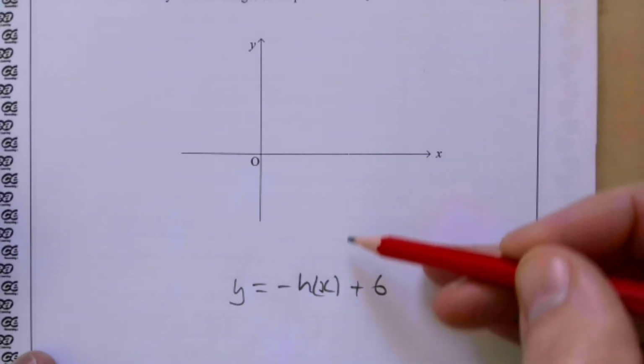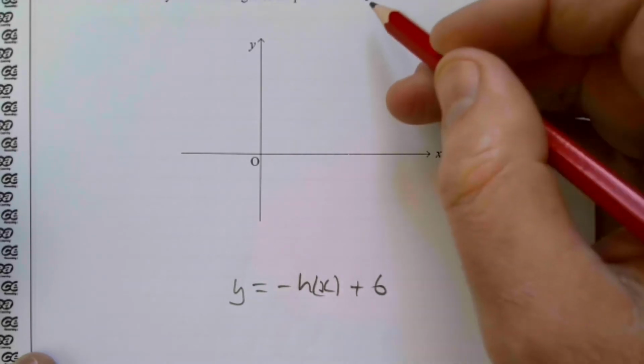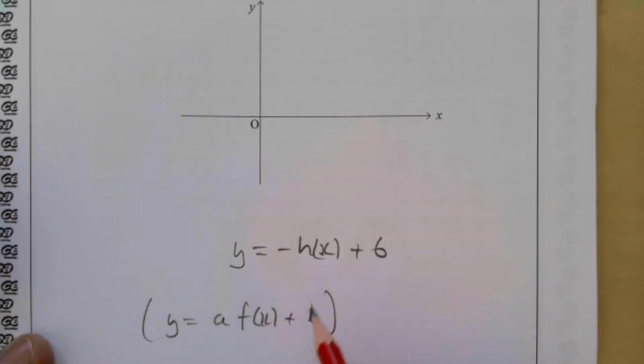This 6 moves everything up 6, and this is one of the ones where it's important. So this is like y equals a f of x plus b type, and this is one of the 2 where the order is important. So the a bit needs to be done first, so we need to reflect it first and then move it up 6.